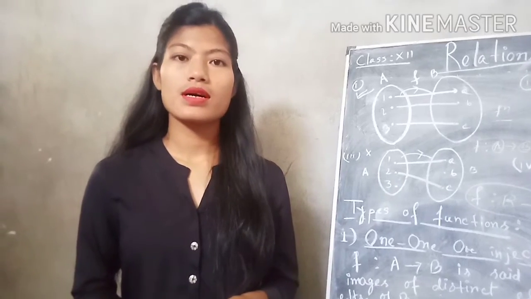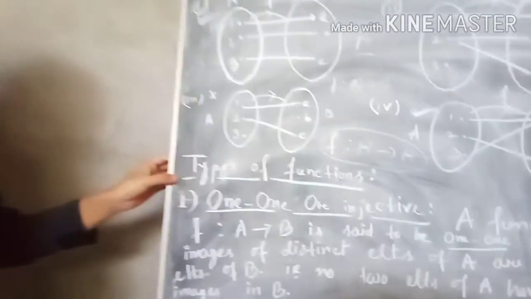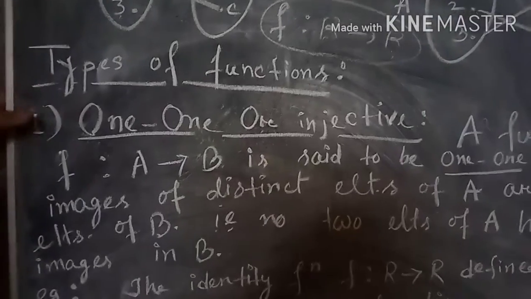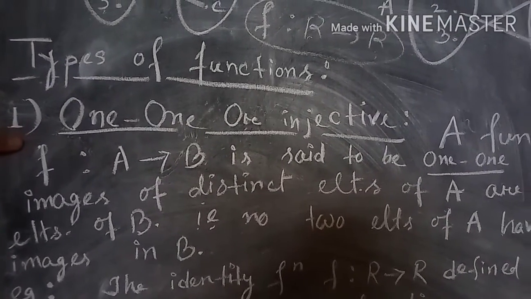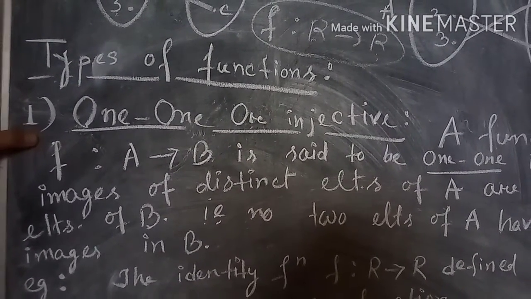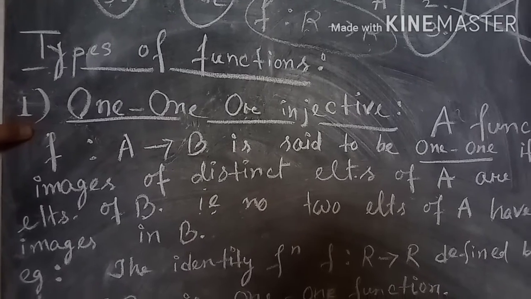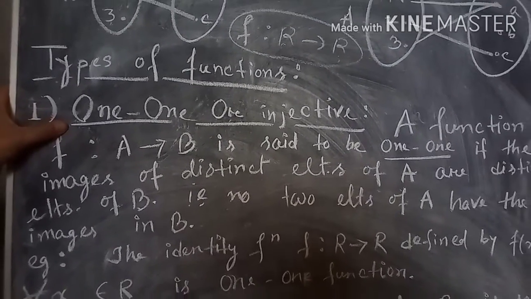Now functions are of many types. The types of functions are, number 1, one-one or injective. There is a function called one-one or injective.